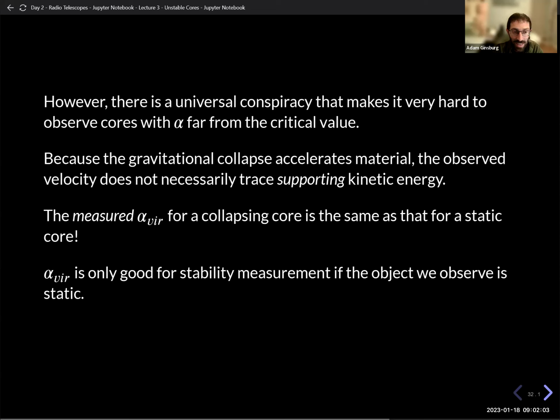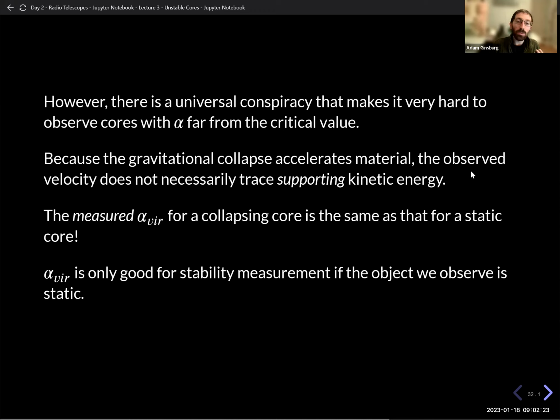The reason is that if you have a core that is just below 1, right, it's one that's going to gravitationally collapse, it suddenly just starts collapsing. Okay, great, it undergoes free fall collapse. But when it does that, that very gravitational collapse accelerates all the material.